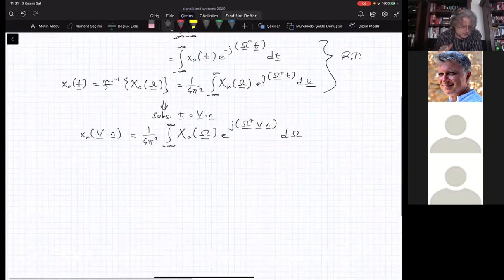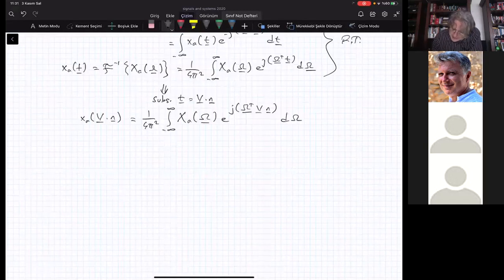Okay, now I will make another substitution. The substitution is as follows. I will call this capital omega transpose times v to be equal to lowercase omega. So I will substitute omega is equal to, but it's not omega, it's let's say omega transpose, I'm sorry, because that would make a little more sense.